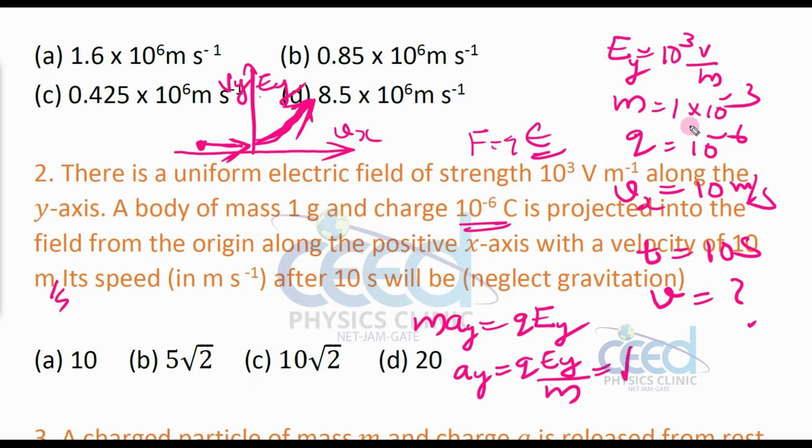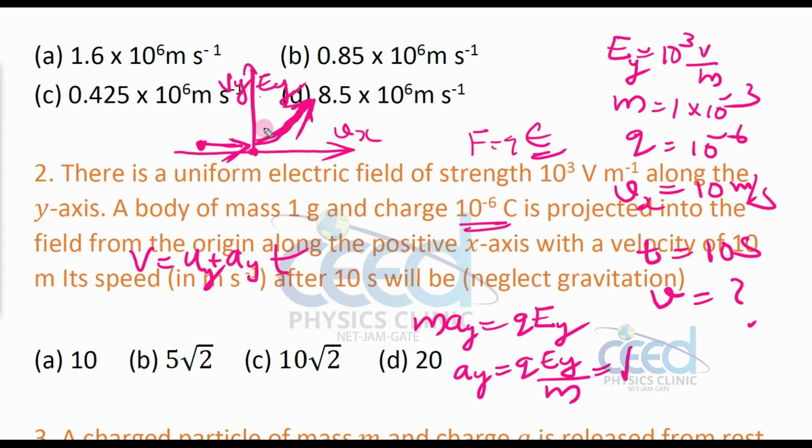Now this charge is starting from rest. So we already know v is equal to u plus at. Initially there is no velocity along the y-axis; initially it comes along the x-axis, so the initial velocity along the y-axis we can take as 0.